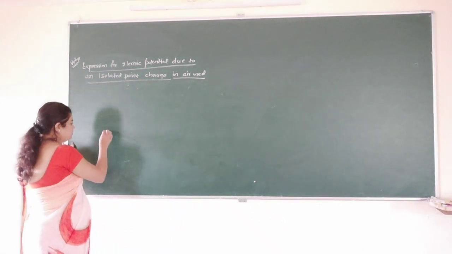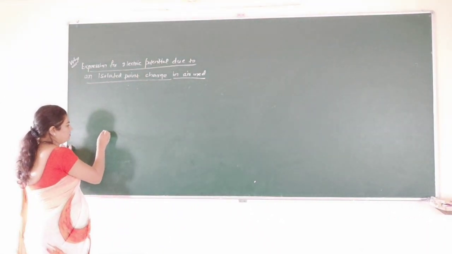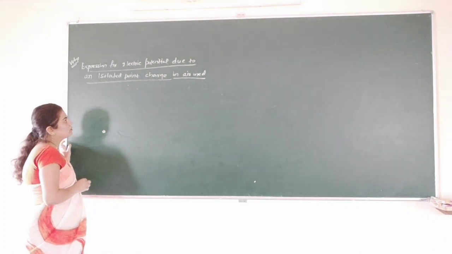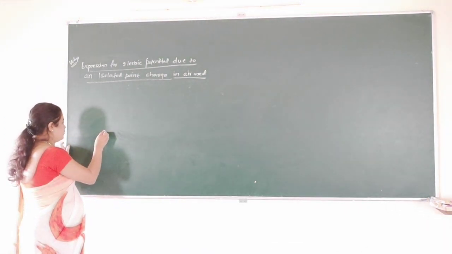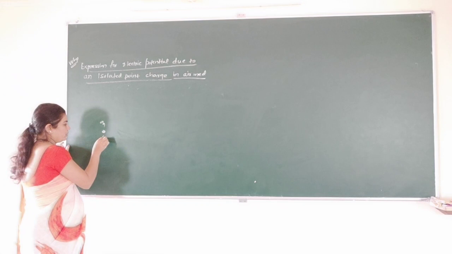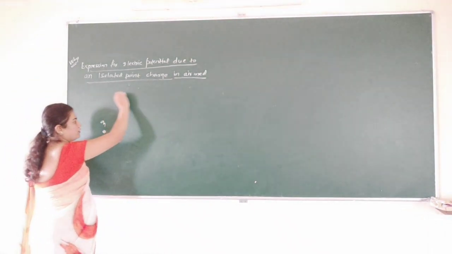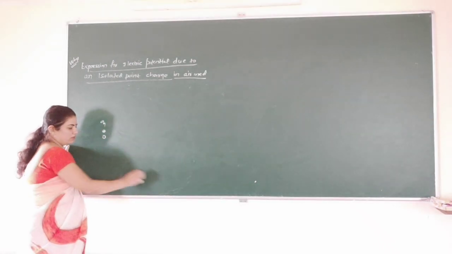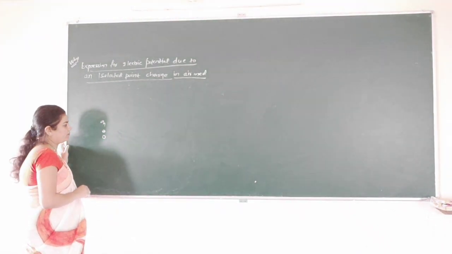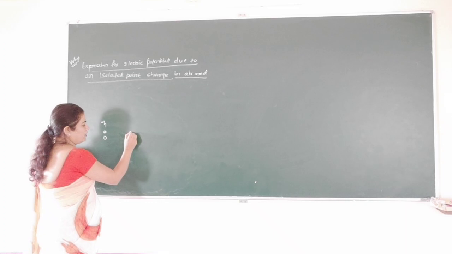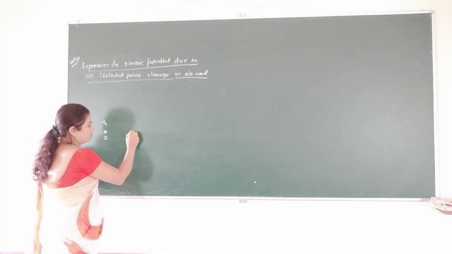Okay. So we will fix an isolated point charge. So Q. This is Q placed at O. Then it produces what? Electric field around it. This is the region of electric field. So in this electric field, I choose one of the point.